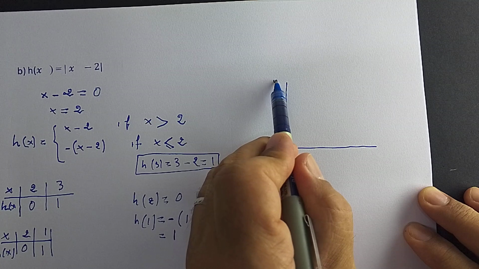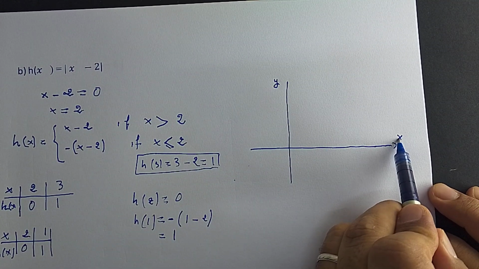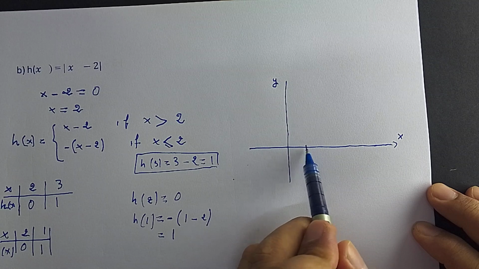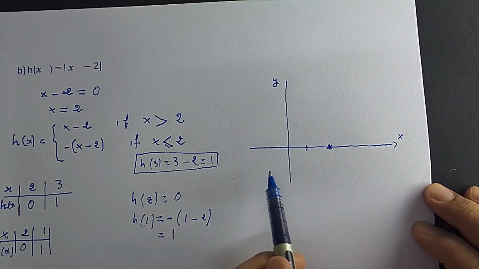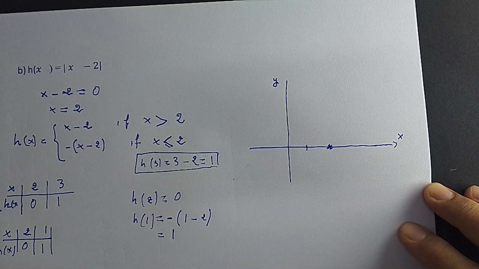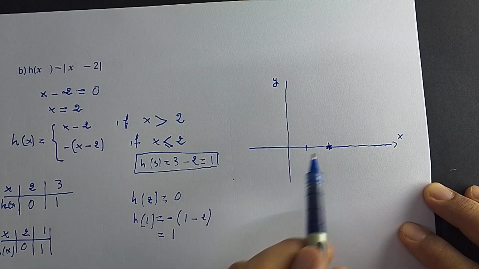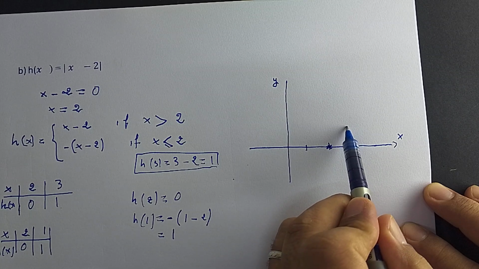This is the y-axis and this one is the x-axis. 1 here, 2 here. For the first part we have 2, 0 and 3, 1. For example, here 3, 1.